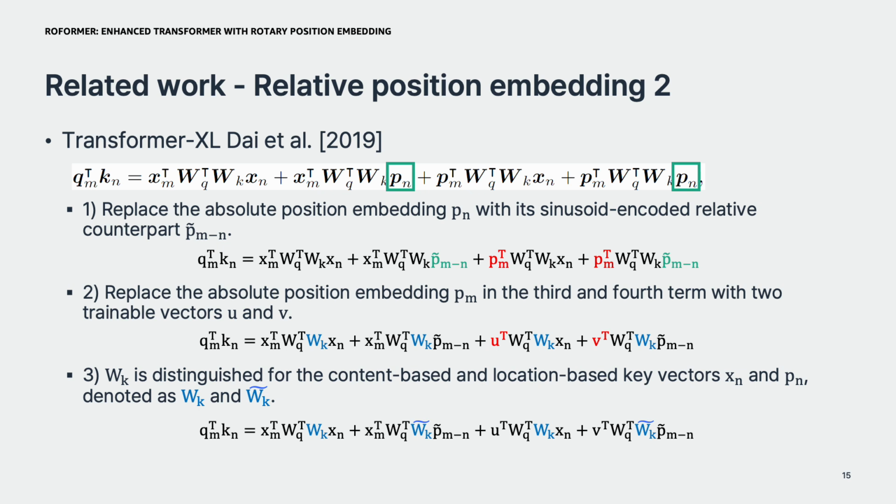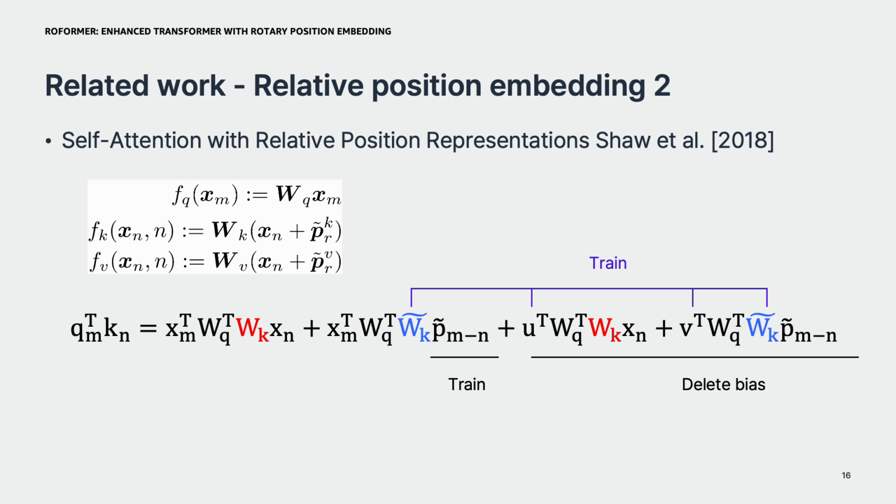In this process, the position information of the query itself disappears. Finally, the weight applied to the key for the relative position is defined as a learnable parameter and trained accordingly. When comparing the two approaches described so far, Shaw's method omitted too many parameters, which makes it difficult to achieve high performance.